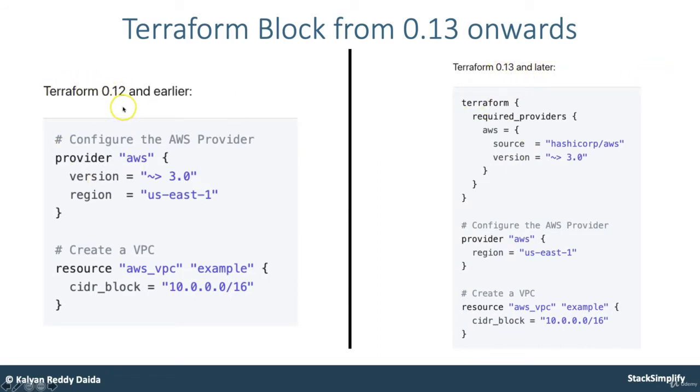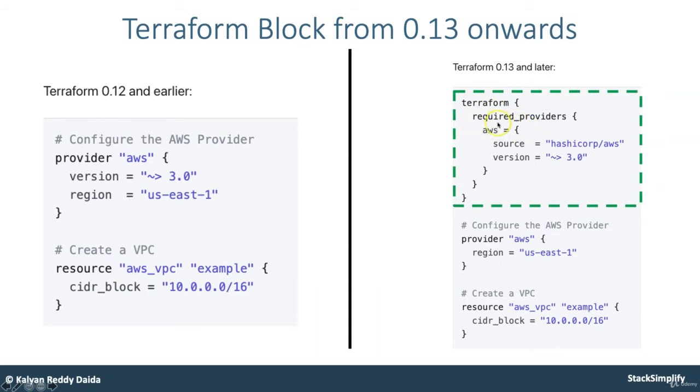In Terraform 0.12 and earlier, when we configured the provider, it used to be like this. In the provider block, we used to provide the version of our provider. But from Terraform 0.13 and later, a new block was introduced, which is called terraform.